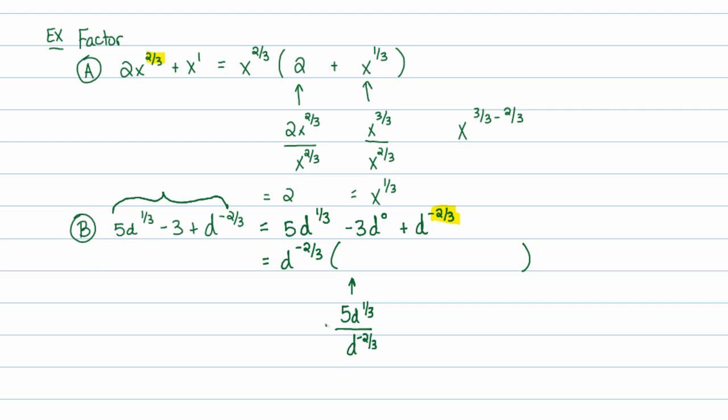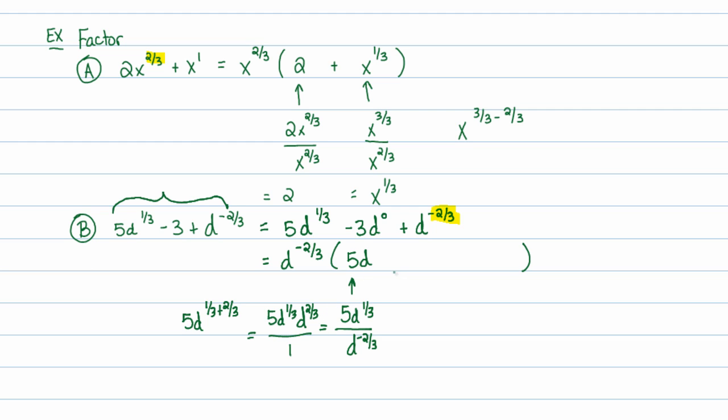So that's what I'll do. I'll write this as 5d to the 1/3 times d to the 2/3, because I ripped off the negative, it hops upstairs. And now I see that I have d to the 1/3 times d to the 2/3, so I can actually multiply those two. It's 5d to the 1/3 plus 2/3, which is just 1. So this is going to be 5d right here, to the first power.